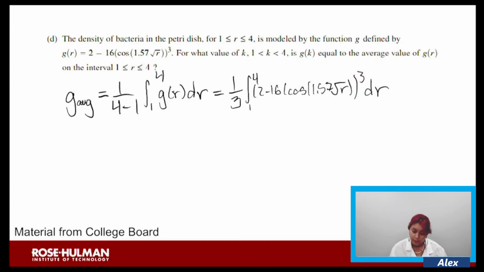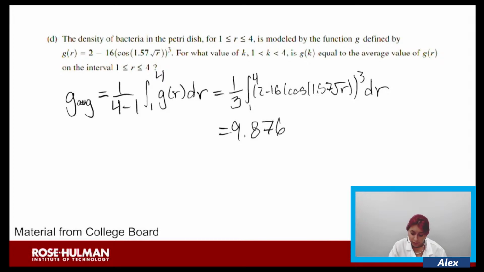So you could plug this into your calculator, set your bounds from 1 to 4, and you would get an answer of 9.876. And that gives you your g average.